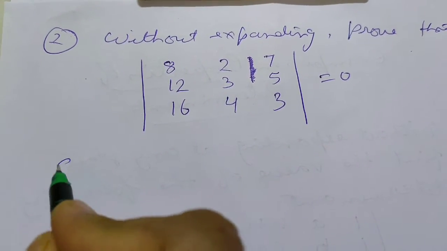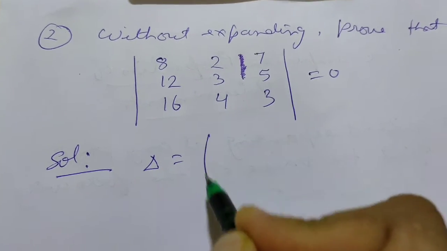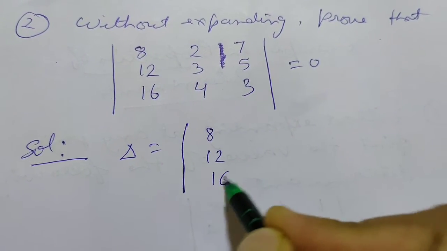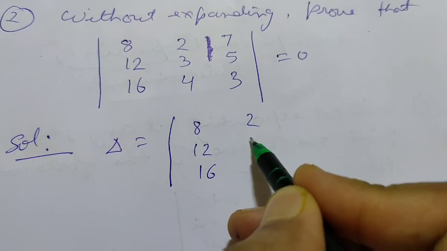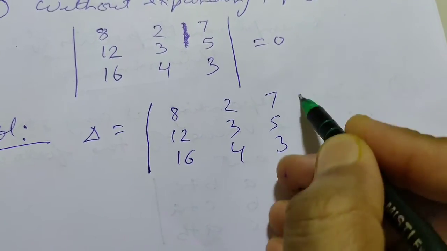Solution. Delta equal to, what we have here, 8, 12, 16, 2, 3, 4, 7, 5, 3.